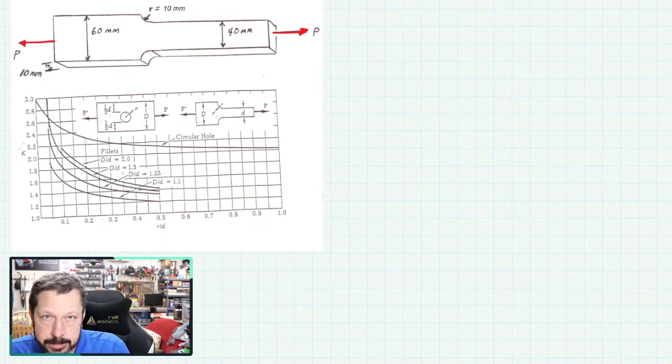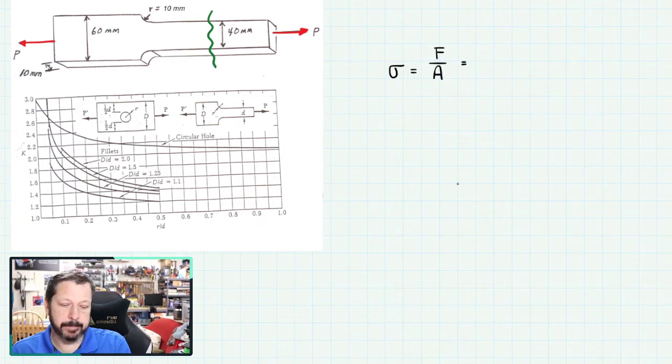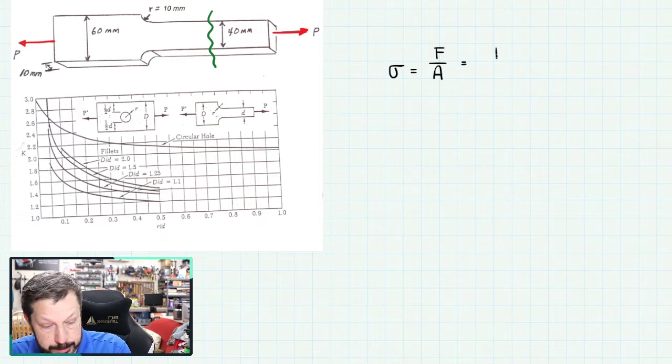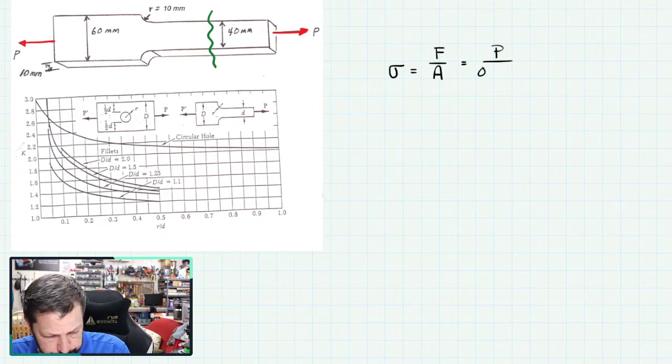So if we were to calculate the axial stress, say, in a little piece right there, we would have sigma equals force over area. Force is what we want to know, that's P. And the cross-sectional area is 40 millimeters times 10 millimeters.